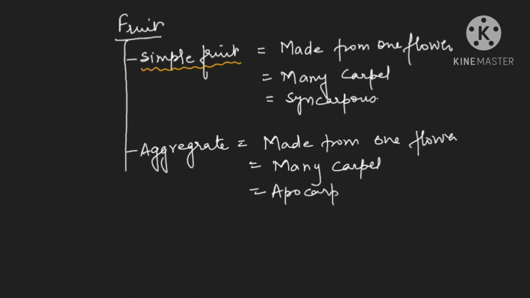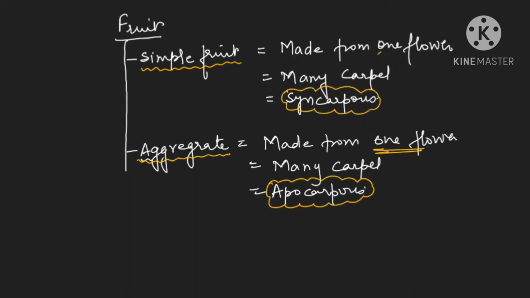Then such fruits are known as aggregate fruits. So the aggregate fruit category has apocarpous condition with one flower. And if it is syncarpous with one flower, then it is a simple fruit.